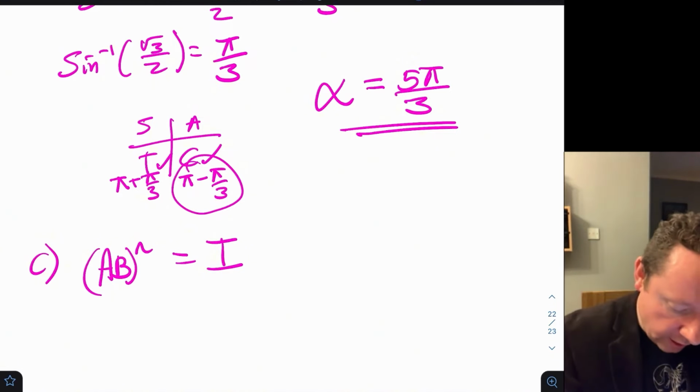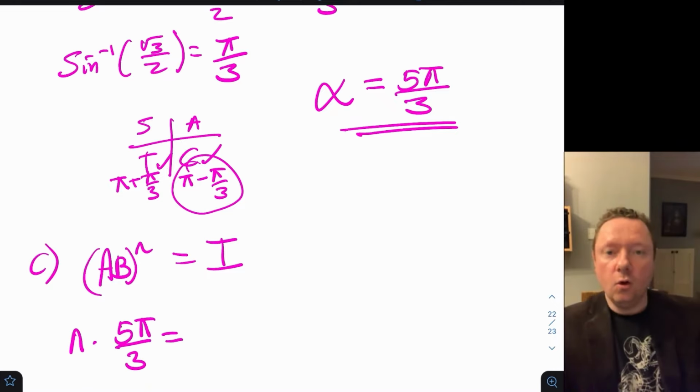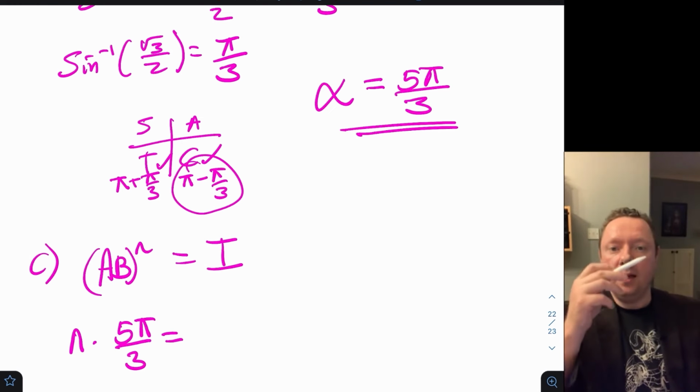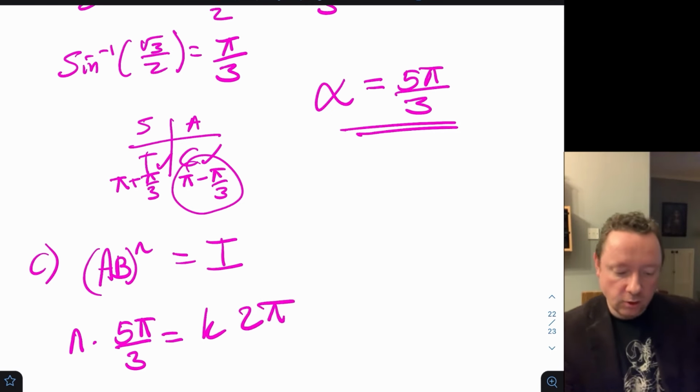So in other words, n times 5 pi over 3 has to be some multiple of 2 pi to get back to where it started. And we're just solving for that.